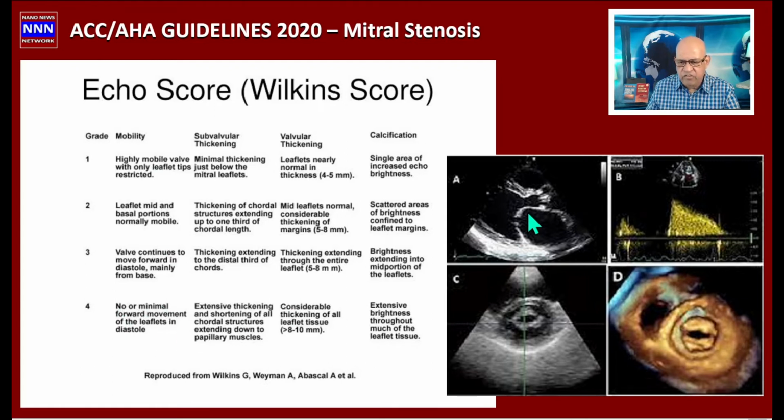So the leaflets hardly move because they are so fixed. The mitral valve is supposed to open like this, whereas here they hardly move during the cardiac cycle. We also have extensive calcification. There is considerable thickening, 8 to 10 millimeters, almost twice the thickness of the normal leaflets. So these are some of the criteria that are going to be applied, along with all the other parameters I've been talking about all this time, to decide what needs to be done.